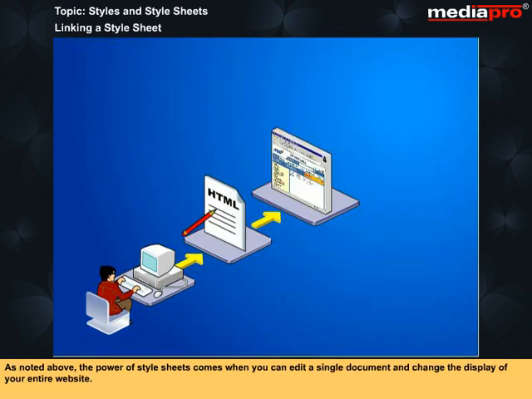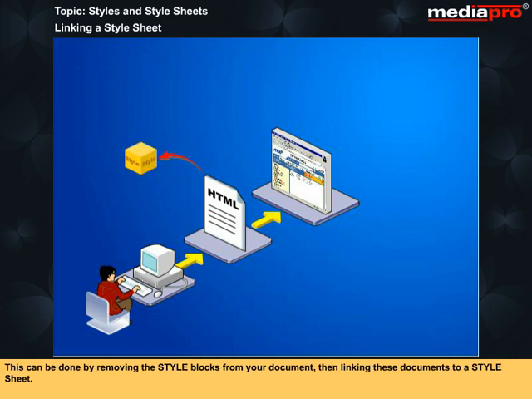As noted above, the power of style sheets comes when you can edit a single document and change the display of your entire website. This can be done by removing the style blocks from your document, then linking these documents to a style sheet. Again, the style sheet is a plain text document which contains all your style definitions for all or a portion of your site.